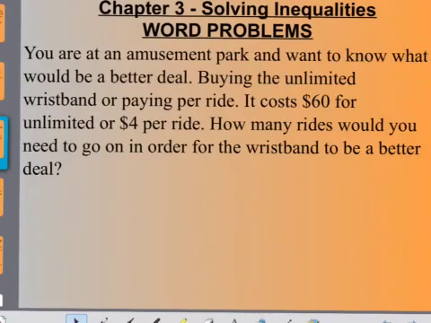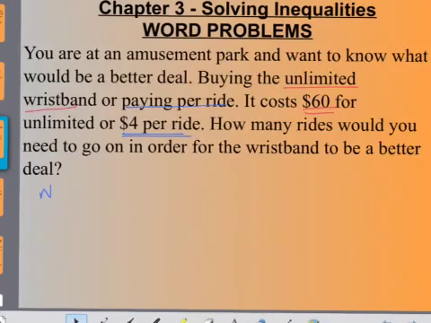Again, copy down the word problem. You're at an amusement park and want to know what would be a better deal, buying the unlimited wristband or paying per ride. For the unlimited, it costs $60, or it can cost you $4 per ride. How many rides would you need to go on in order for the wristband to be a better deal?